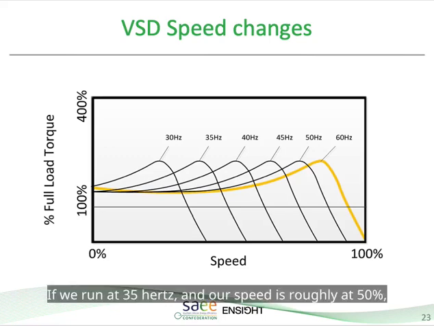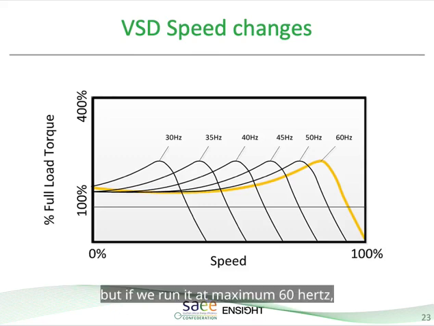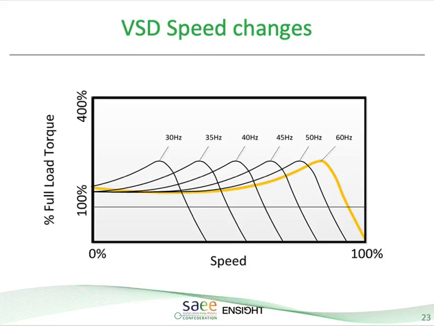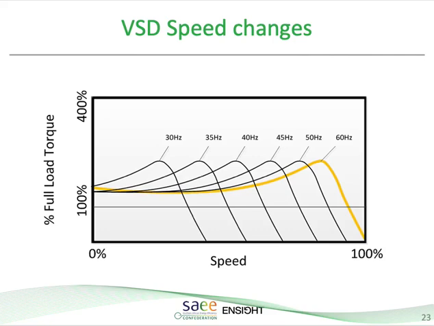If we run at 35 Hz and our speed is roughly 50%, our full load torque is within spec at 100%. But if we run it at a maximum of 60 Hz, our torque is roughly 200 to 300% of full load torque.